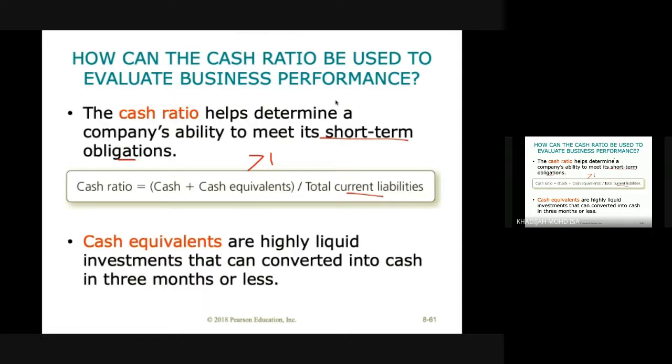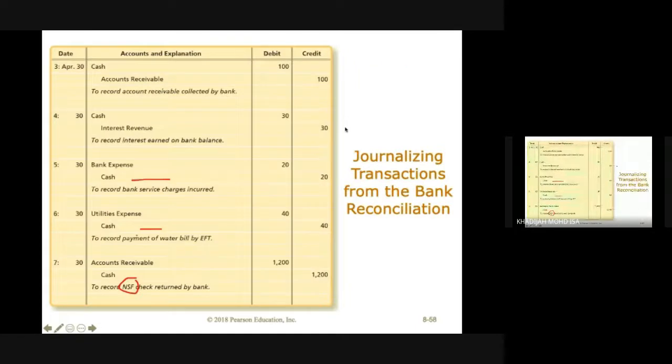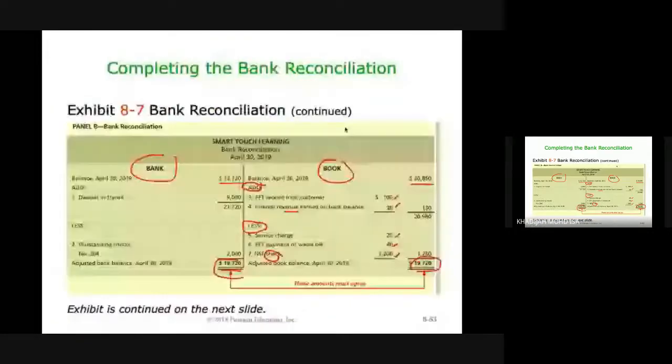But the more important part, the practical computation side, is on bank reconciliation, whereby you have to reconcile the bank statement and the cash book balances, and then do the journal entries. And then you have to update your cash book balances as well, and show the transaction in your cash book. Question?